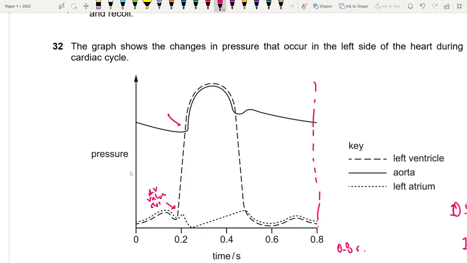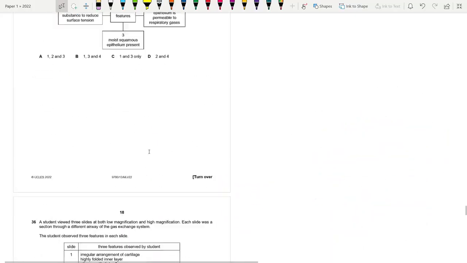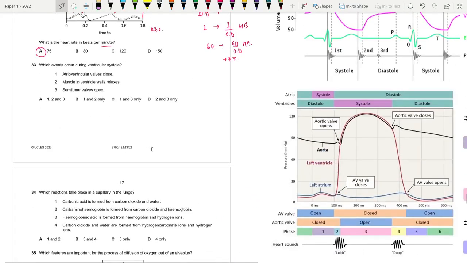This event is the aortic valve opening. This event is the aortic valve closing again. And this event is the atrioventricular valve opening finally. Okay, you guys need to know this in detail.